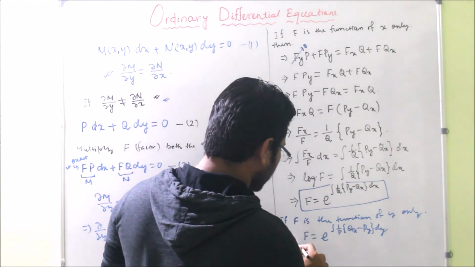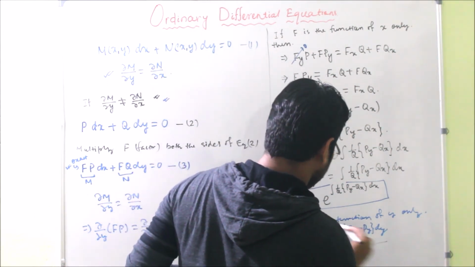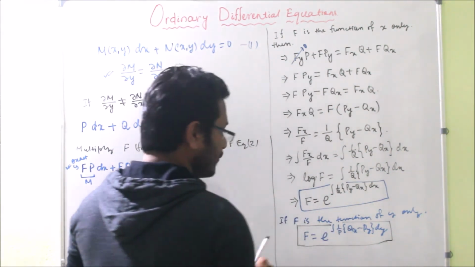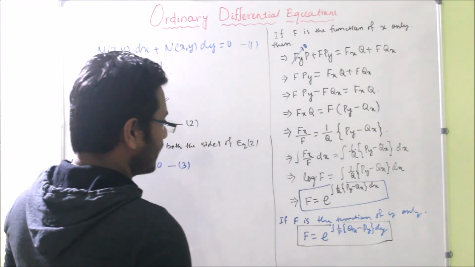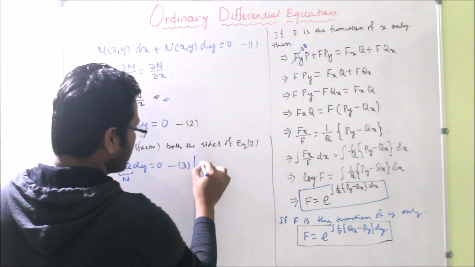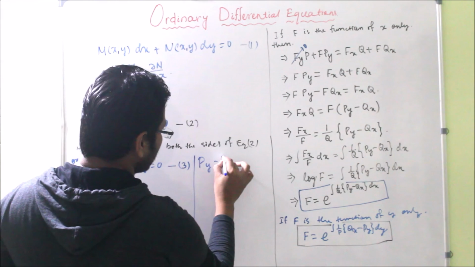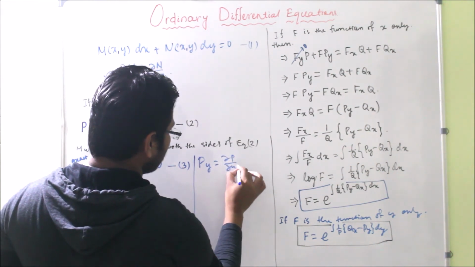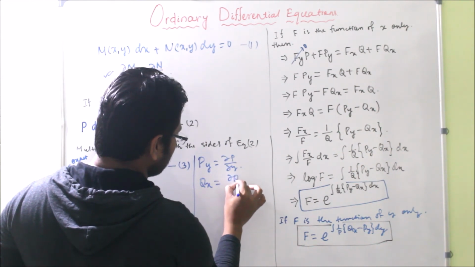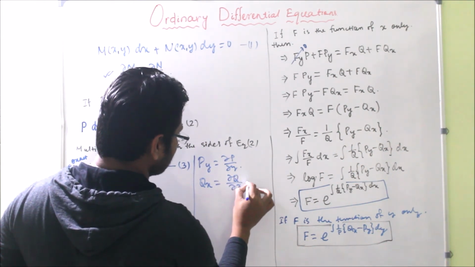So this is the expression that we will get when we have f as a function of y. Now here one thing we have to note that this P_y is nothing but del P by del y, and Q_x is nothing but del Q by del x.